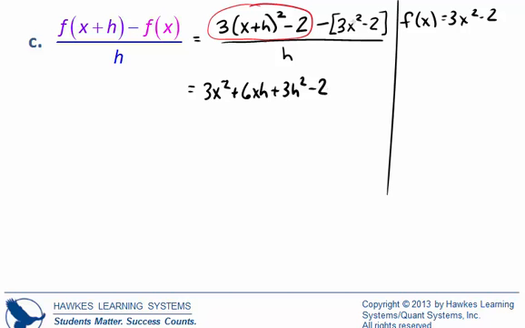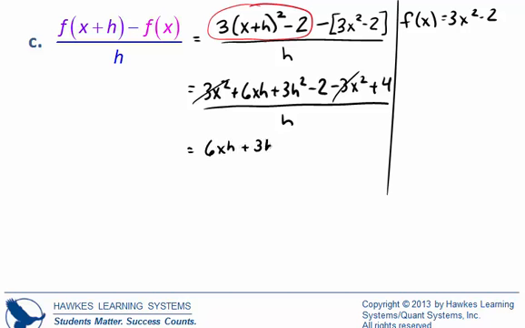I'm now going to distribute this negative through this bracket. So minus 3x squared plus 4, over h. And then we will combine any terms that we can combine. So notice that we have a 3x squared and a negative 3x squared. Those will cancel out. So we have a 6xh, we have a 3h squared, and, that takes care of those two, a negative 2 and a positive 4, that's going to be a positive 2 over h.